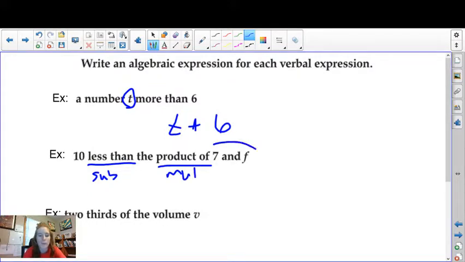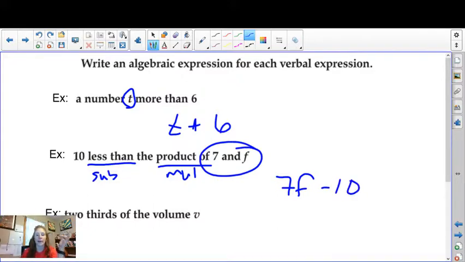Well, I'm multiplying the 7 and the f, so I have 7 times f. I can just glue them together. But I have 10 less than the product of that. So would I take 10 minus this guy, or would I have this guy minus 10?